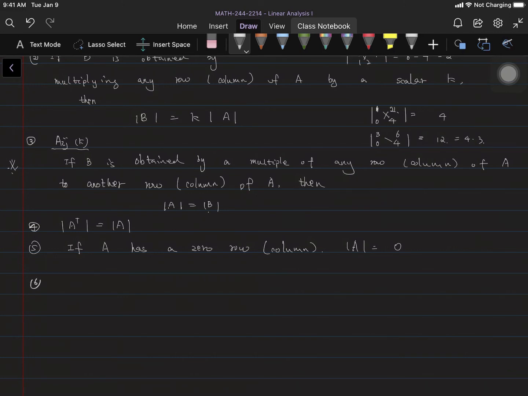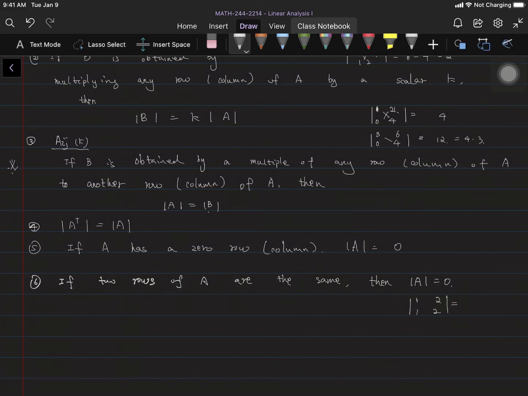Number 6, if any two rows are the same, the determinant is 0. Why? For example, 1, 2, 1, 2. Any two rows are the same thing.